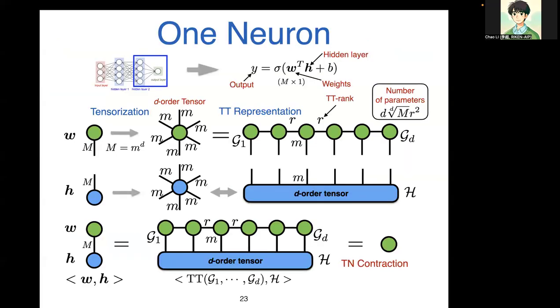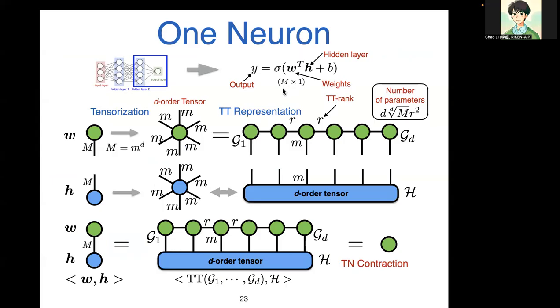Let's see how exactly this works, starting from just one neuron. In a standard neural network, a neuron's output is computed as this formula, where W is the weight vector and H is the input vector. If W and H are high-dimensional, storing and computing with them directly can be expensive.